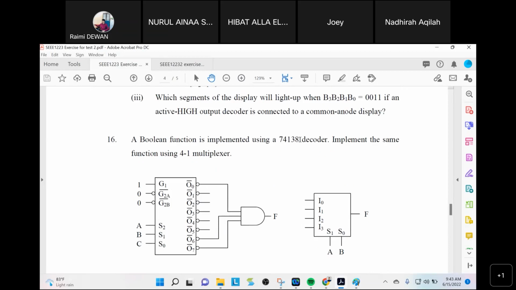So you have to know what is the 74138 decoder and what is the operation inside. If you go to the module, what page do you have this decoder? Maybe because I have the old book, whatever I have may be different from yours. 74138. Did they put this inside? They should put it.